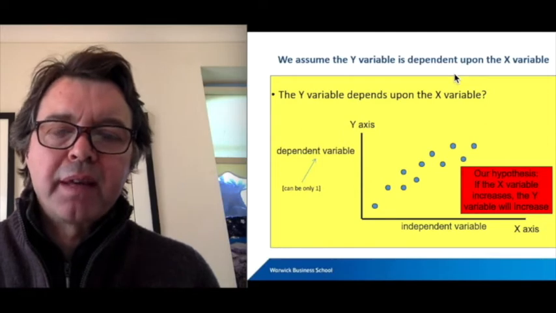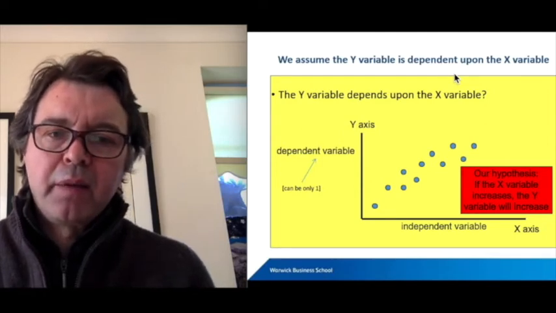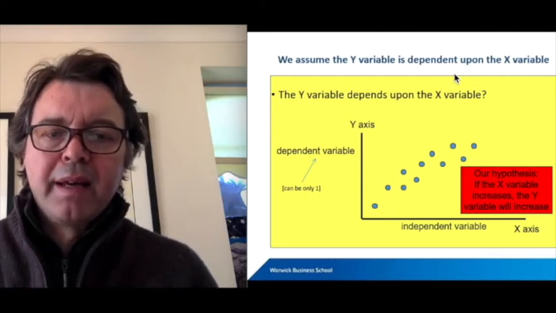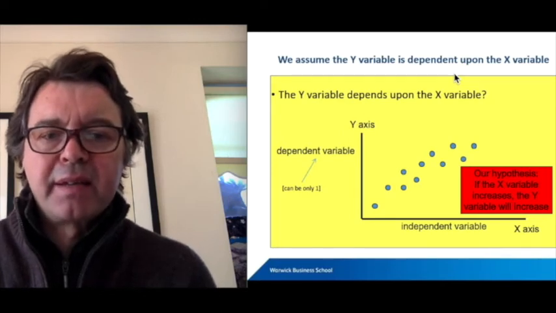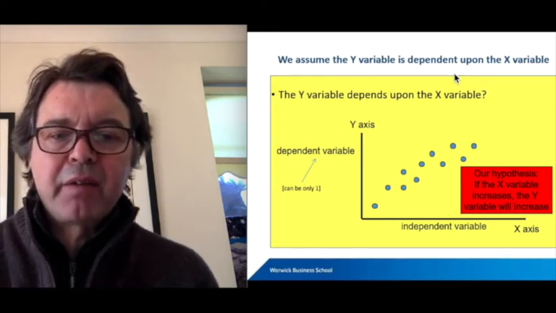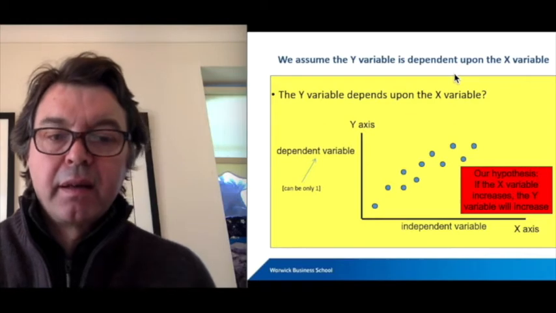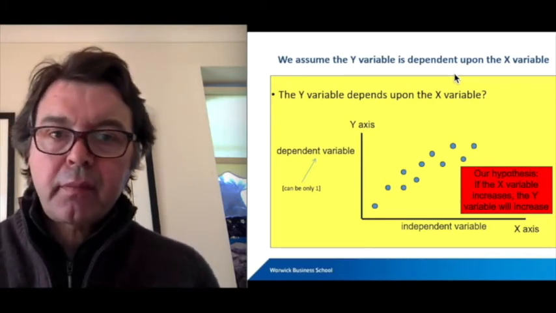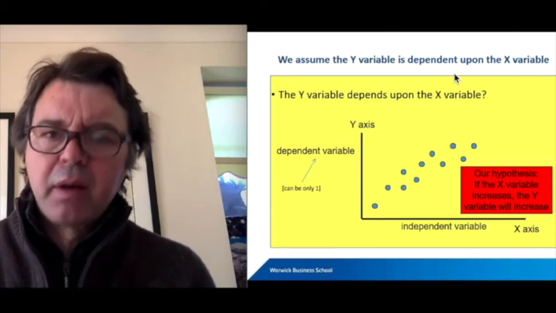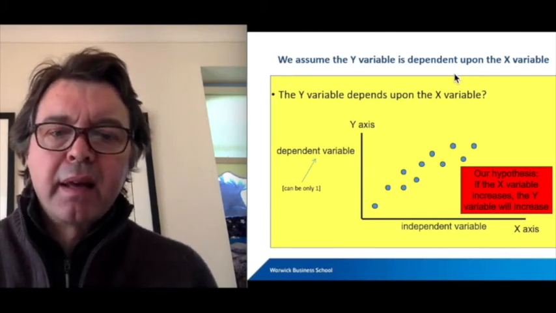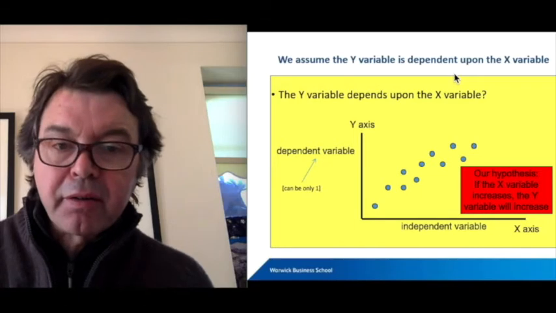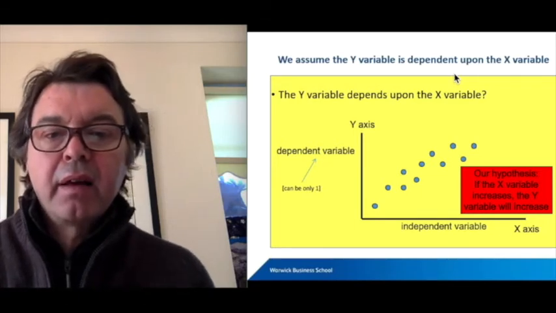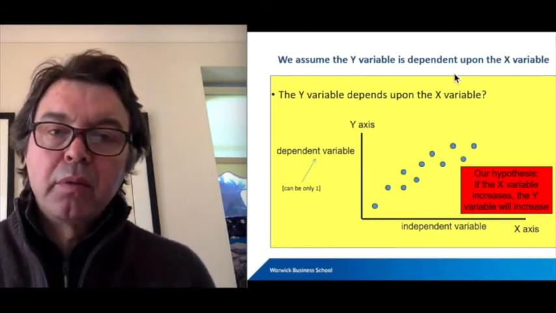And the reason for this is that the way that we express our hypothesis is that we say if the x variable increases, then the y variable will increase, and that would be a positive relationship. Or we might say if the x variable decreases, then the y variable will decrease.